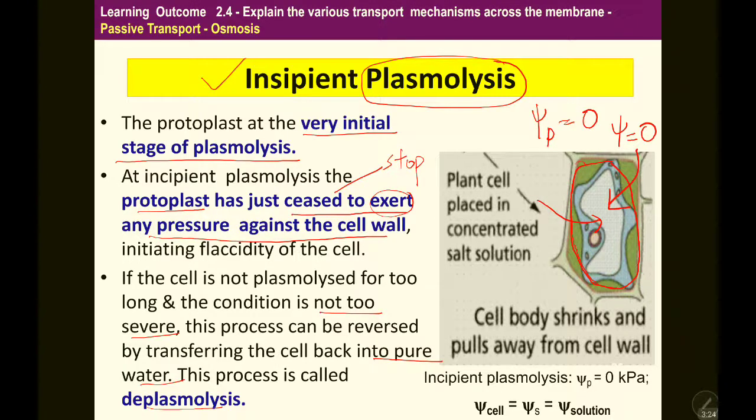Then you can start to have the pressure potential back on the cell wall again. So at this condition, pressure potential is 0, so that water potential equals solute potential plus pressure potential. So when pressure potential is 0, water potential equals solute potential.